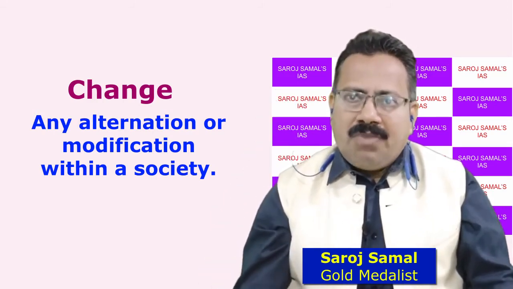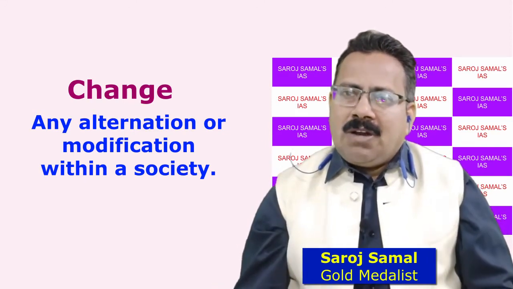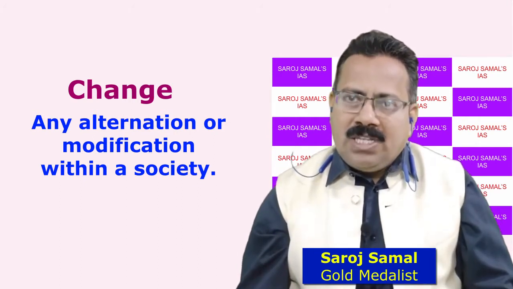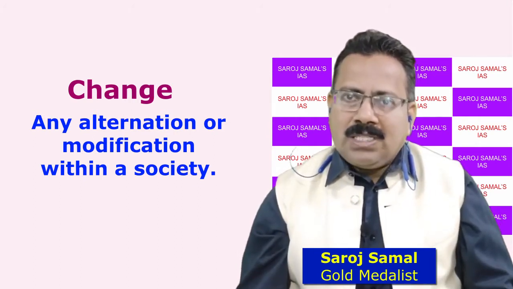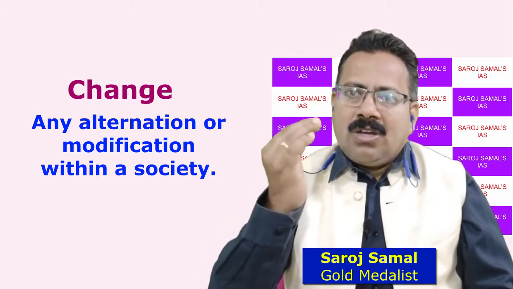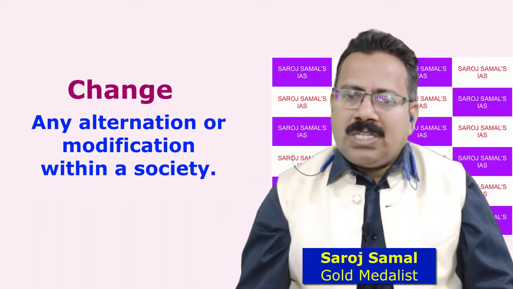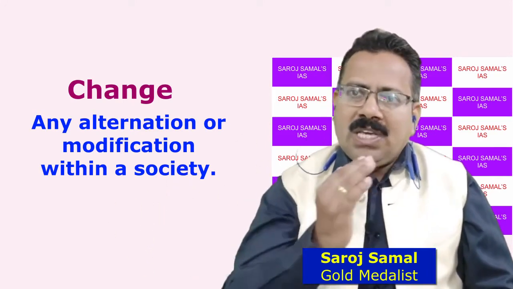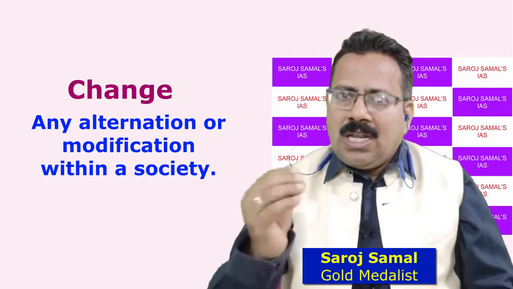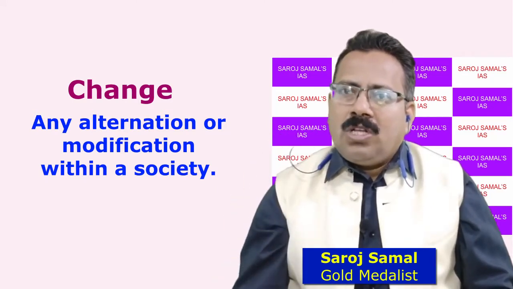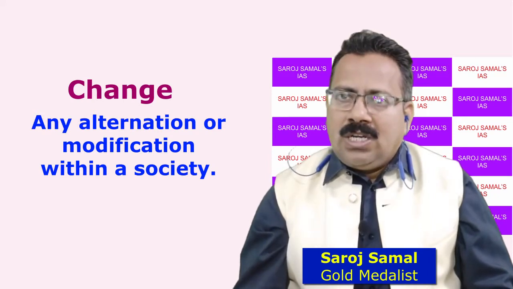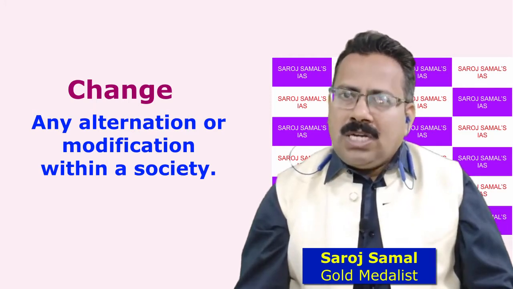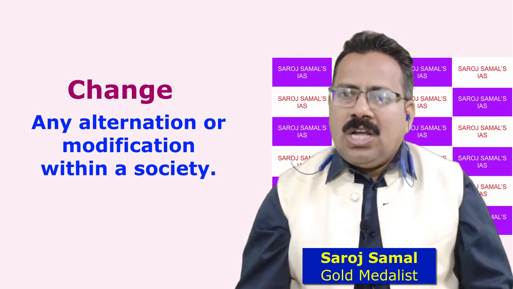Apart from that, different changes are taking place in our practice of agriculture, in our family system, and even in the status and conditions of scheduled caste and scheduled tribe people. So while we discuss this dynamic aspect of our social life, we basically refer to the change of Indian society. So this is the meaning of the title of Paper 2, that is Indian Society, Structure and Change.